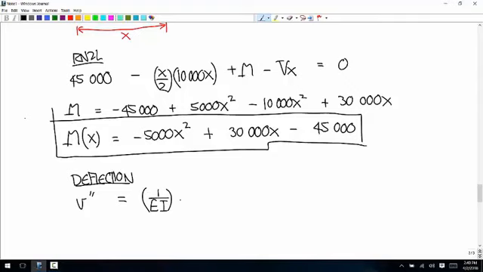Times this function, the quantity negative 5,000 x squared plus 30,000 x minus 45,000.